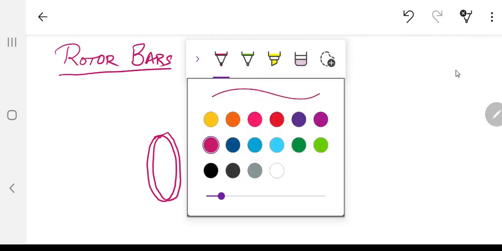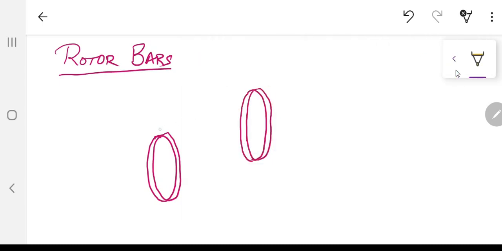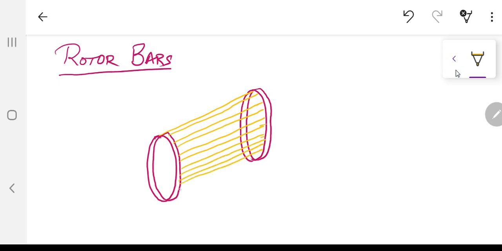And let me draw the bars with some other color. This is the first bar supposedly, this is the second bar, this is the third bar, this is the fourth bar, and this is the sixth bar.